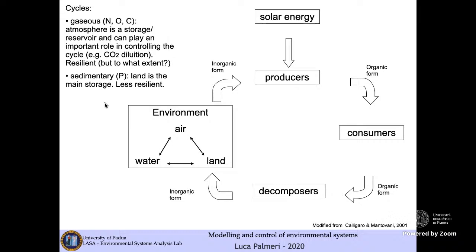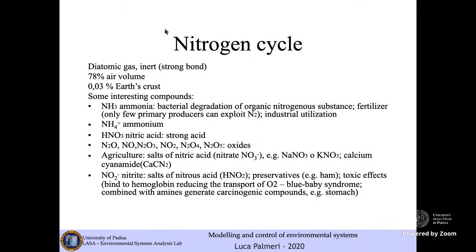For phosphorus, it is different, because in the case of phosphorus, the sedimentary cycles are very relevant. Remember that phosphorus in general goes with the transport of solids. So in the case of sedimentary elements like phosphorus, land is the main storage, and to some extent it is less resilient than the atmosphere.